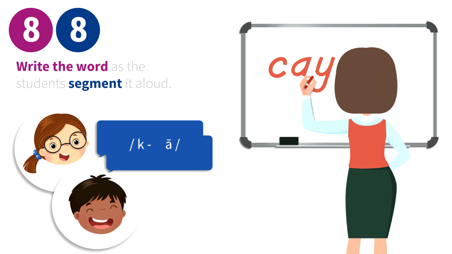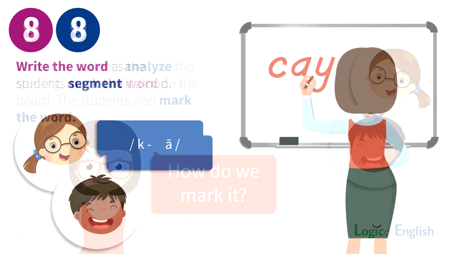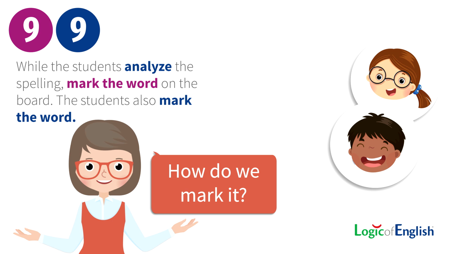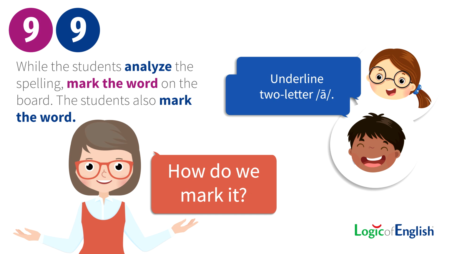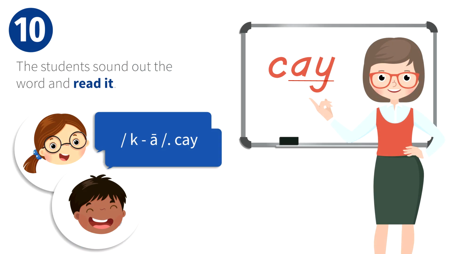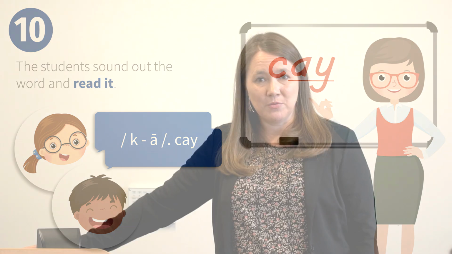K, A. And then you'll ask how to mark the word while the students give you that analysis. So you will say, underline 2-letter A, which you'll do on your boards. And then the students will sound out the word and read it. K, A, K.